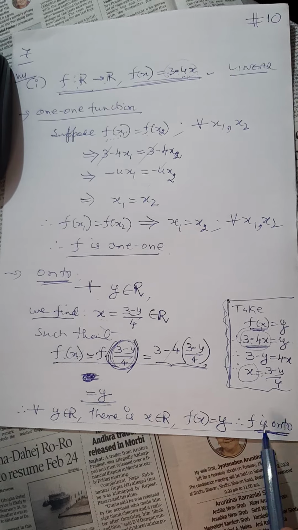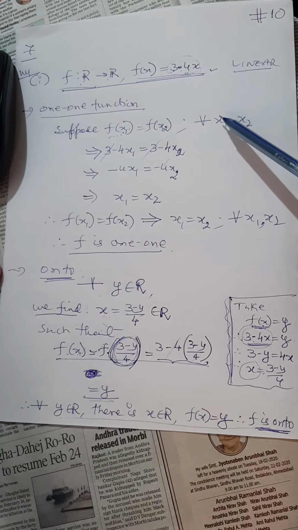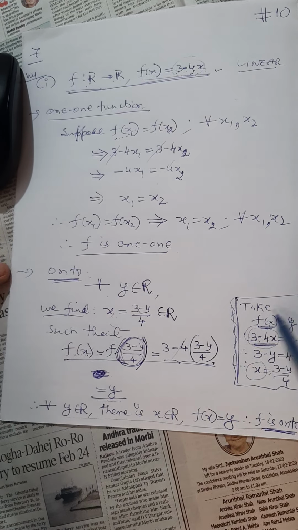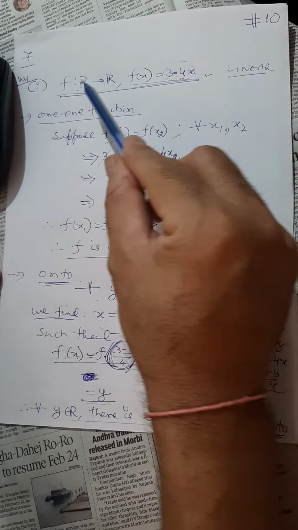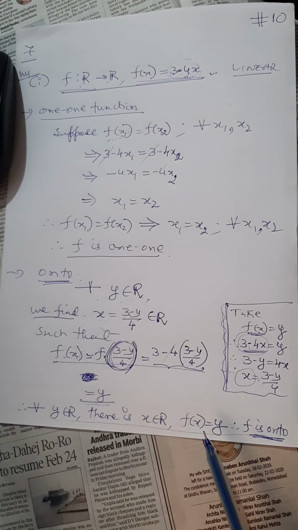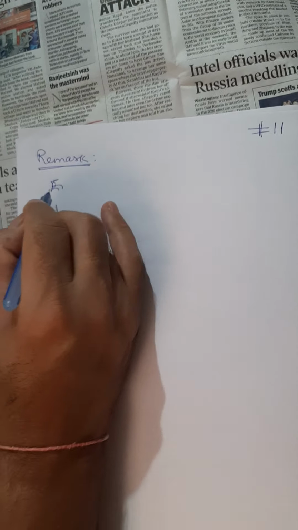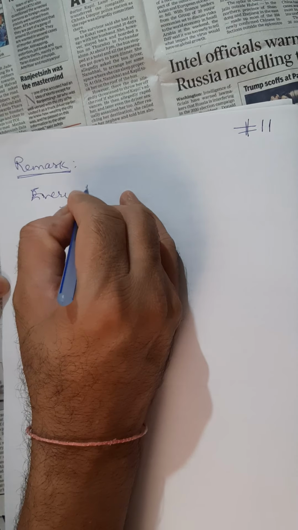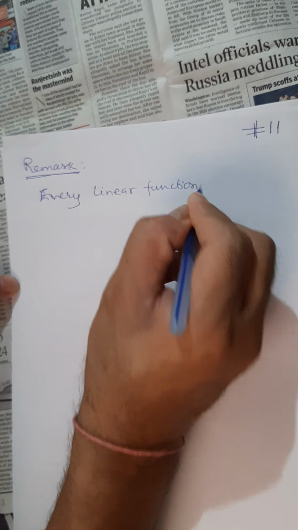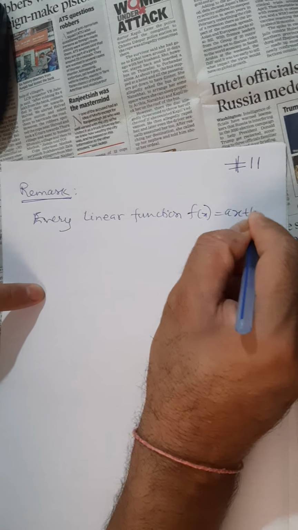So this is a standard way of proving ontoness for a linear function from R to R. If it is asked in the exam in subjective, you need to do this much. In MCQs, you can write directly, this being a linear function from R to R, it is always onto and it is always 1-1. So this is a bijective function. So I'll note here, every linear function, that is a function of this type, ax plus b, you know.